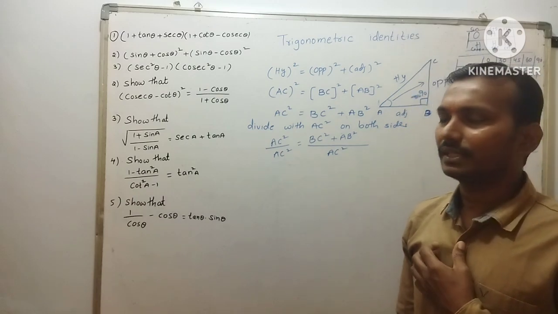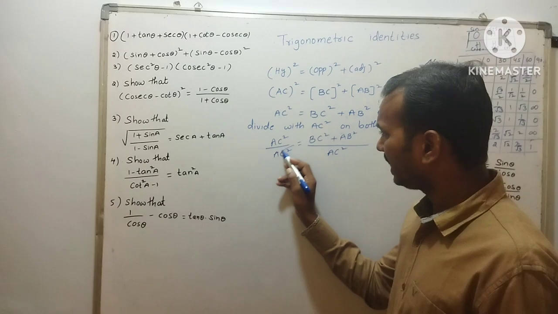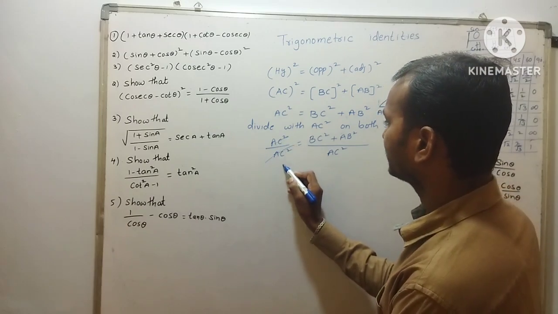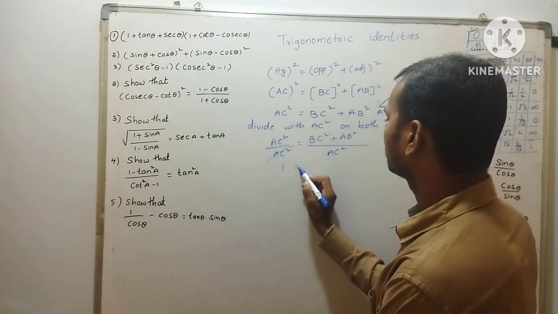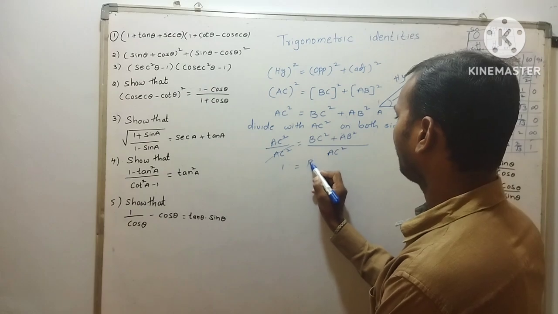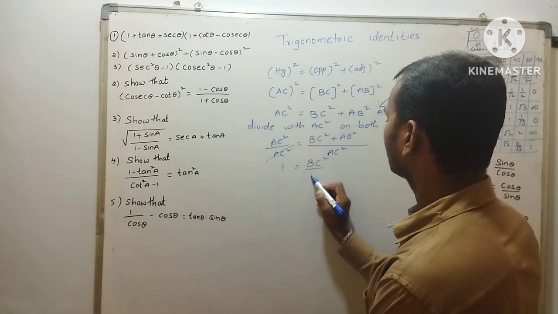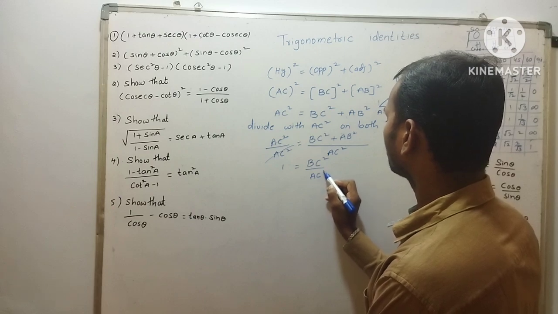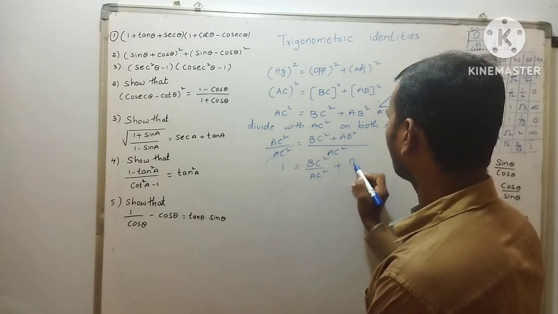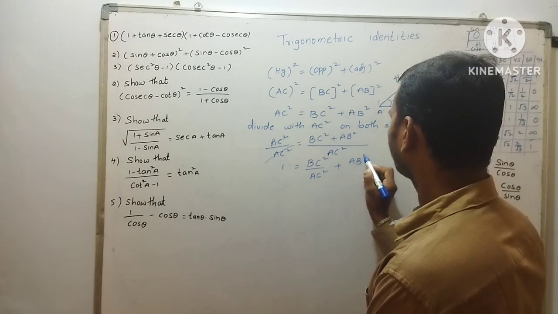AC square cancels, we will get 1. On the right side, we divide BC square with AC square and AB square with AC square separately.